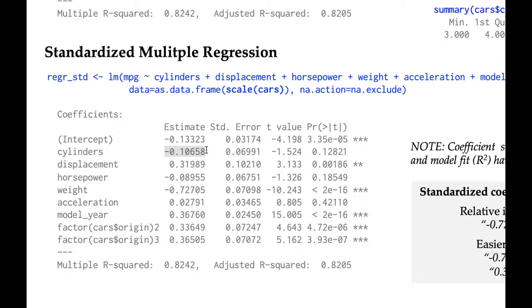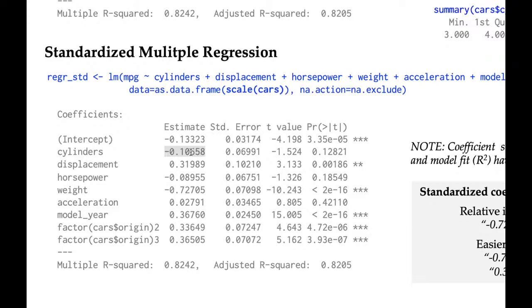For every standard deviation change in cylinders, there is a minus 0.1 change in standard deviations of miles per gallon. So the units are all in standard deviations, or you can think of it as no units, but there are some units as standard deviations now of the original variables.